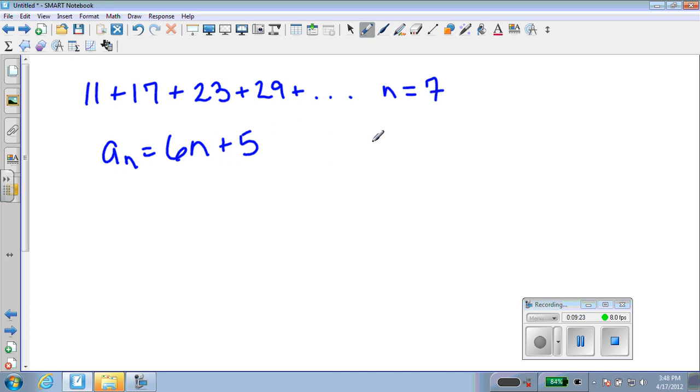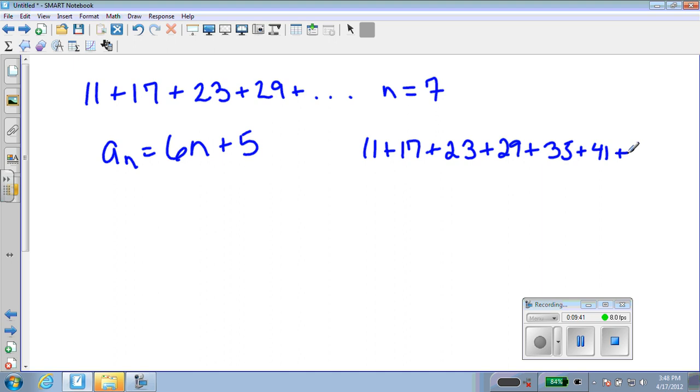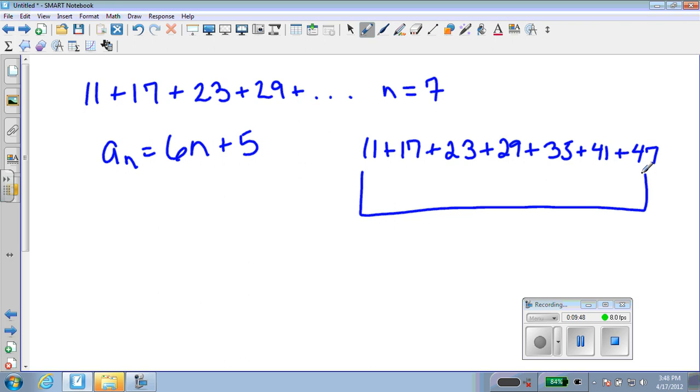So let's actually run this. Let's list them all and actually see what happens. 11, 17, 23 plus 29 plus 35 plus 41. That's it. 1, 2, 3, 4, 5, 6. I need one more term. Plus 47. Okay. So this makes 58. And this makes 58.